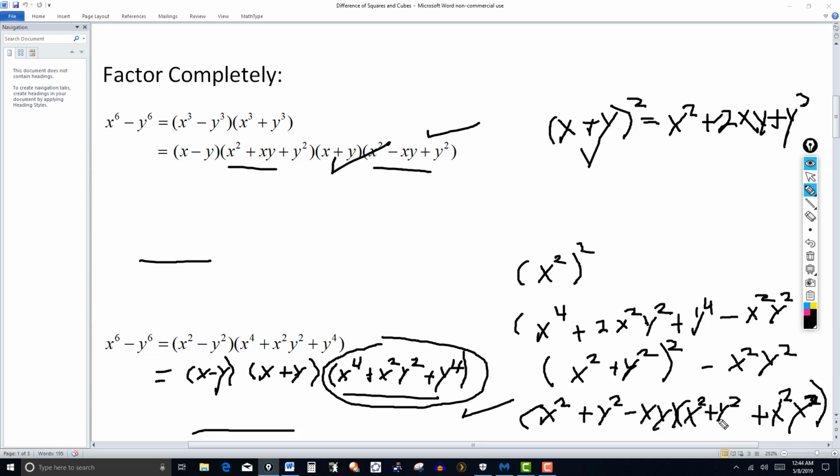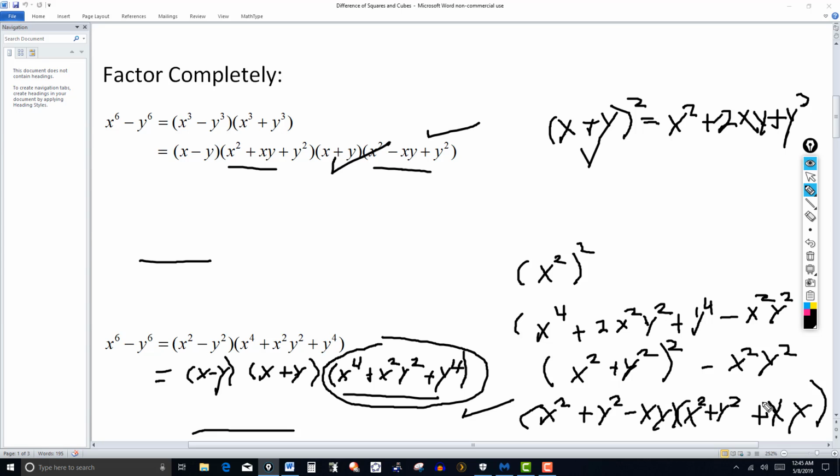And then over here we got x squared plus y squared plus xy, since the square root of x squared y squared is xy. Okay, so that's this one right here. The xy is not out of order, but that's still the same thing. Okay.